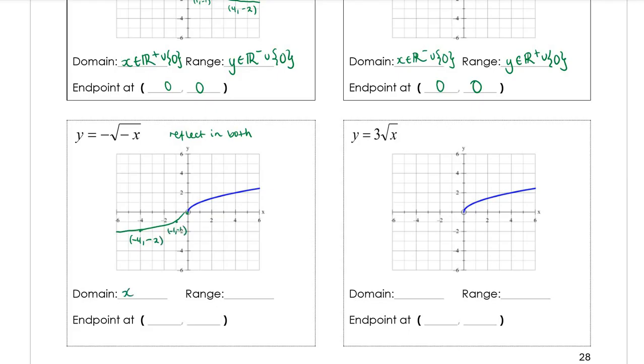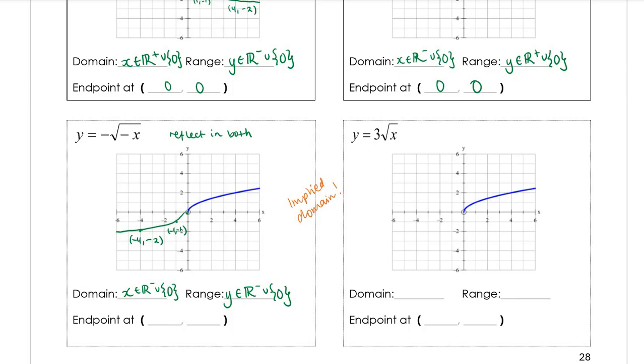Our domain is going to be all our negatives again, because we need to make it positive under the square root, and our range is also going to be all our negatives. Now, when I talk about this domain and range, something to keep in mind is this is called an implied domain. So if it hasn't been specified, then you're going to specify it and say, well, this is what the domain has to be in order for this graph to work.